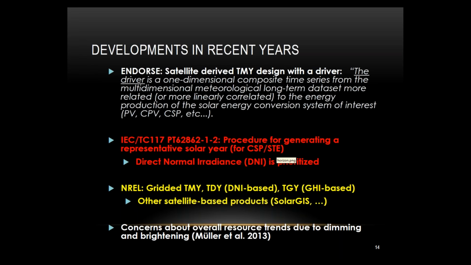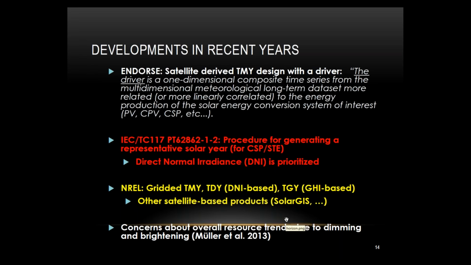Recently there's also been some concern about overall resource trends due to dimming and brightening. So in many places of the world we see significant trends in the global horizontal irradiance resource. This is presumably due to changes in pollution. So in areas where you get more and more pollution, you get less and less solar resource.